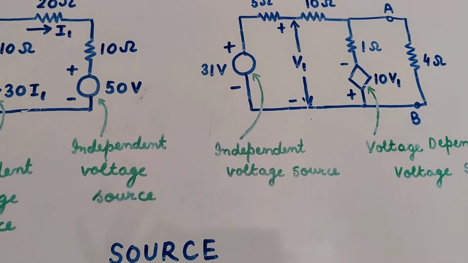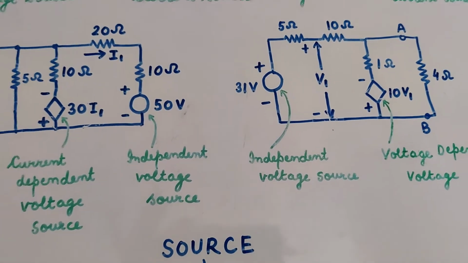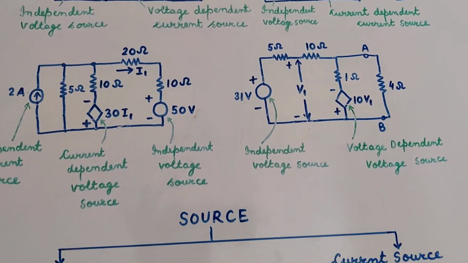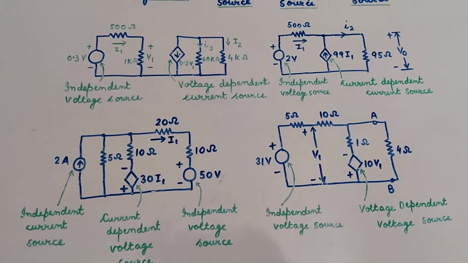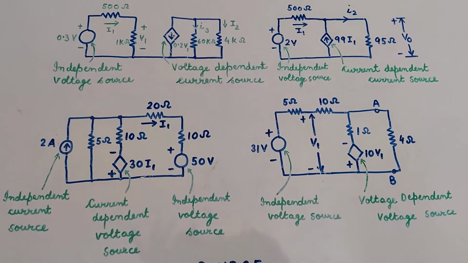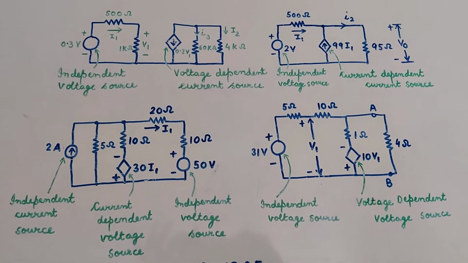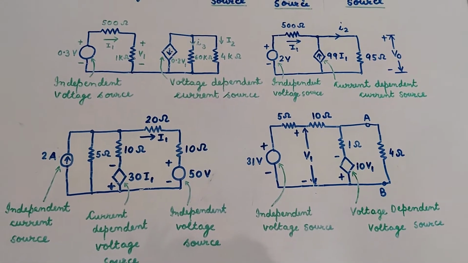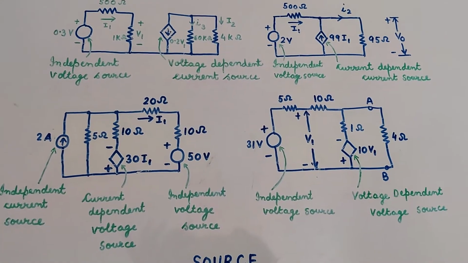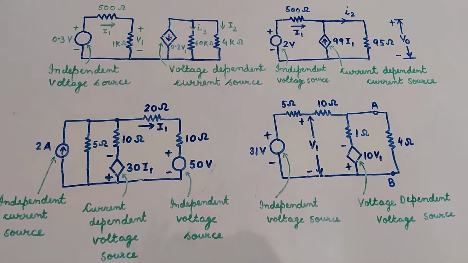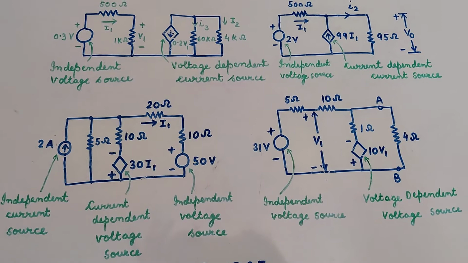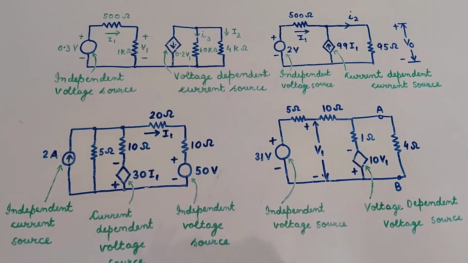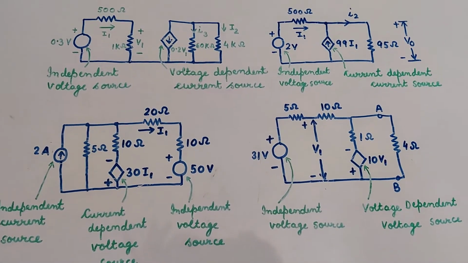So I think that now all the four types of dependent sources are clear to all of you: when we will call it a voltage dependent voltage source, when we will call it a current dependent voltage source, when we will call the source a voltage dependent current source, and when we will call it a current dependent current source.